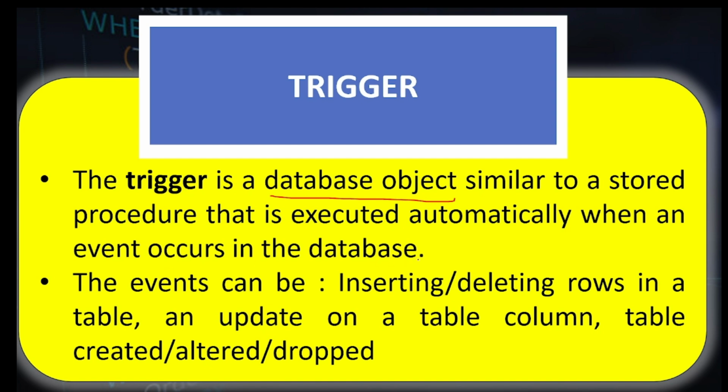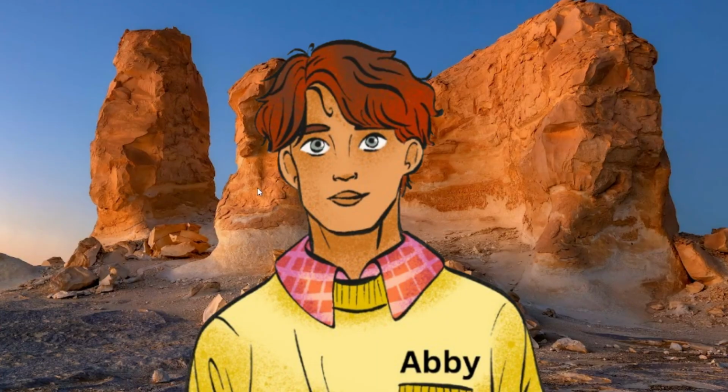We have seen a moment back that when we changed the salary of the employee, the trigger automatically executed, captured the salary updated, and stored it in some other table. Make sense? The event can be inserting or deleting rows in a table, updating a table column, or many more. So in a nutshell, it's a database object which automatically executes based on some event.